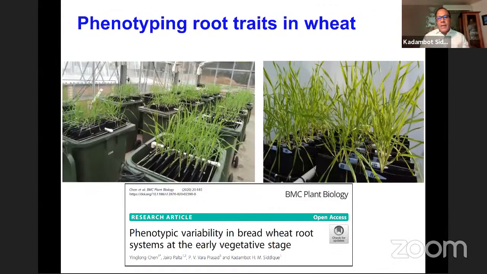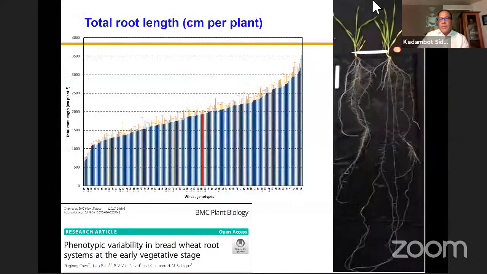We moved on, and then a large number of wheat collected in Australian germplasm, and from there I brought 270, and these 270 were phenotyped, and that's also published in BMC Plant Biology, with wonderful traits. Again, you can see a couple of points here.